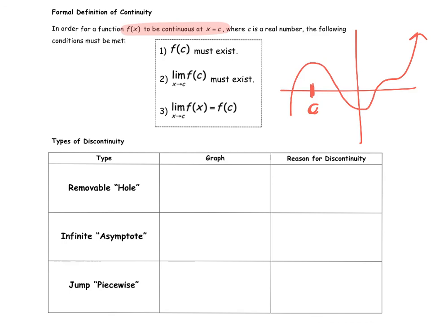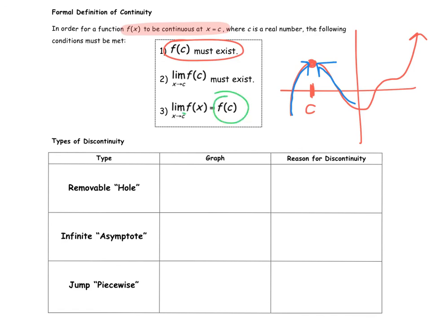All right, so in order for the function to be continuous, where again we have x equaling c, where c is a real number, well, the f of c must exist. So f of c does exist. The limit must exist, which it does as I approach from the left and from the right. And then the limit of f of x has to equal f of c.